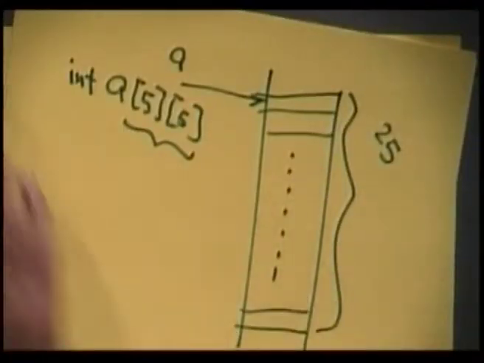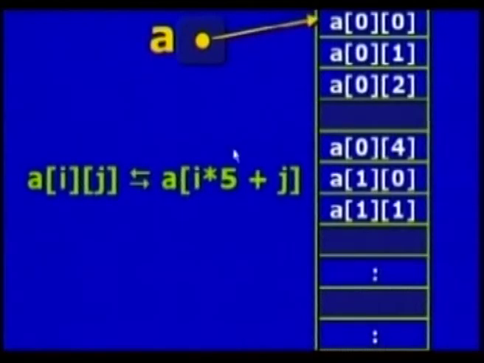So basically, the physical address of any entry in this array is located in memory at I times number of columns plus j. That's how far deep from this location my ith, jth element in the array is.